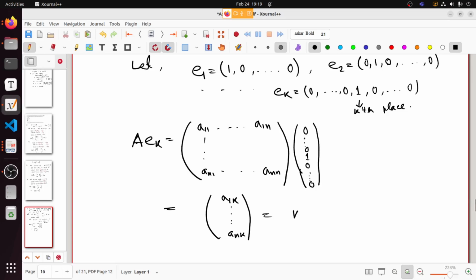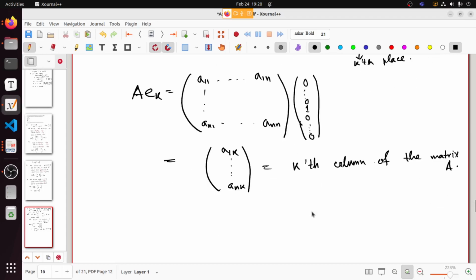So this is the kth column of the matrix A. So A of ek gives the kth column of the matrix A. Now we will show that all the columns are independent, meaning they will form a basis.